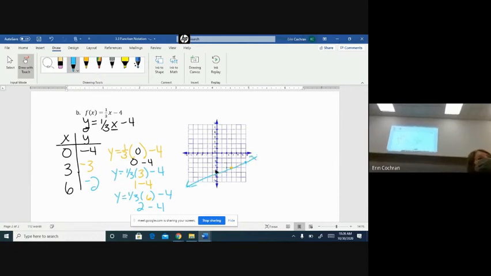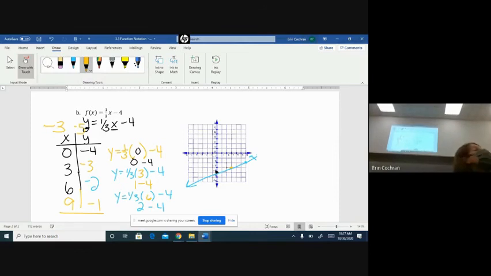Now, real quick, what would be the next x? If I did 0, 3, 6, what would be the next one? 9. And could anyone tell me without plugging in what my y value would be? -1. If I went backwards from 0 would be what? -3, right? So what would be my y value?